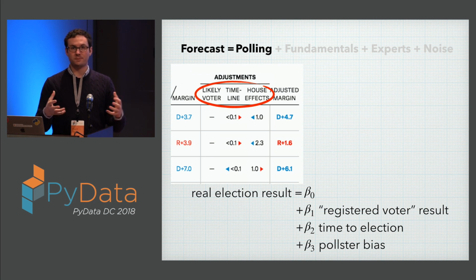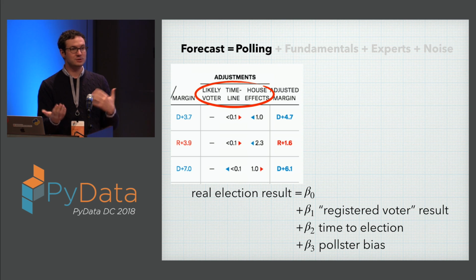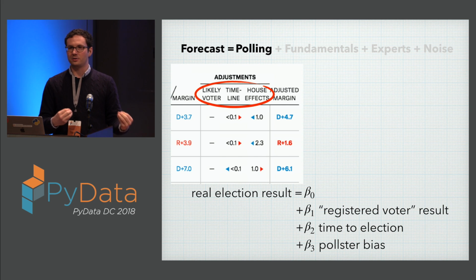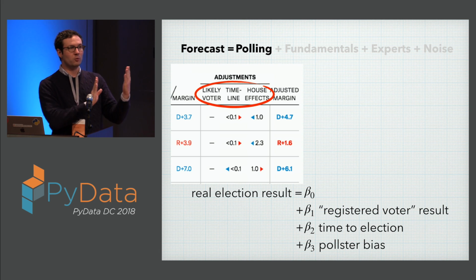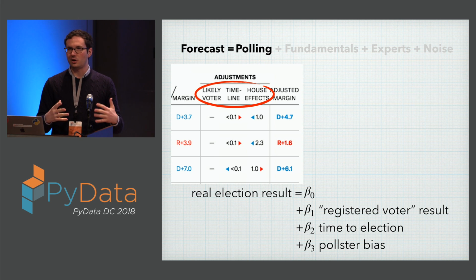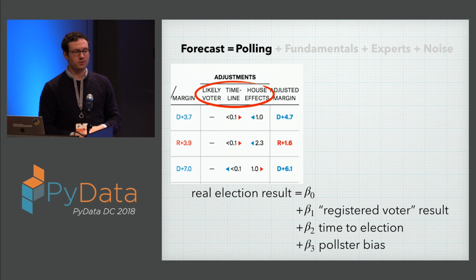And so if there's a poll that talks to all registered voters, FiveThirtyEight wants to administer some type of correction or adjustment to take that into account and say, well, we know that based on this particular poll in this particular region, we want to shift it a little bit more toward the right or toward the left, depending on the population of people that was sampled.